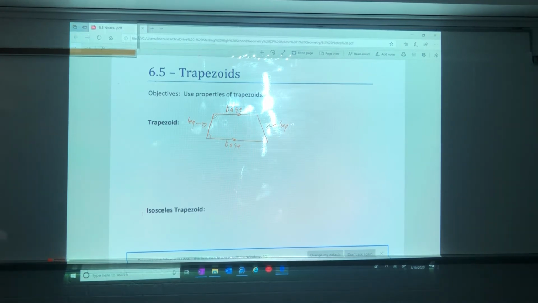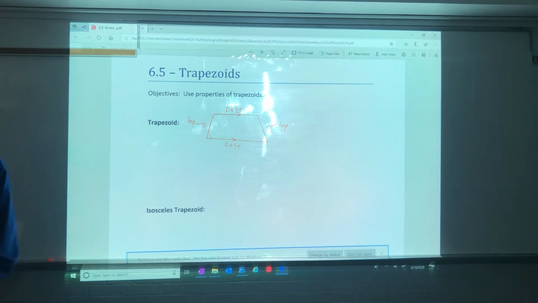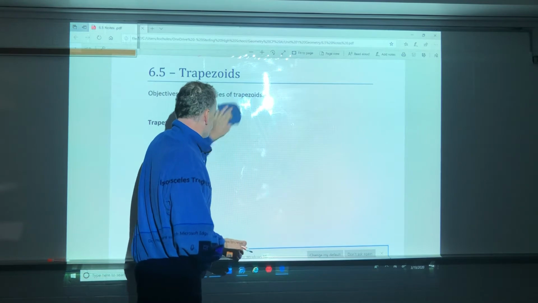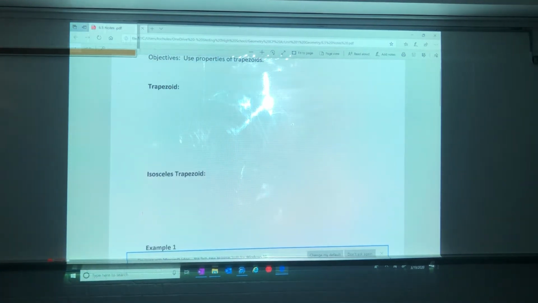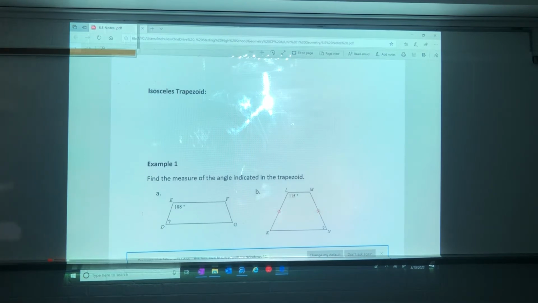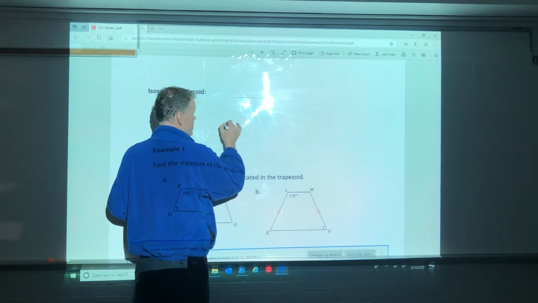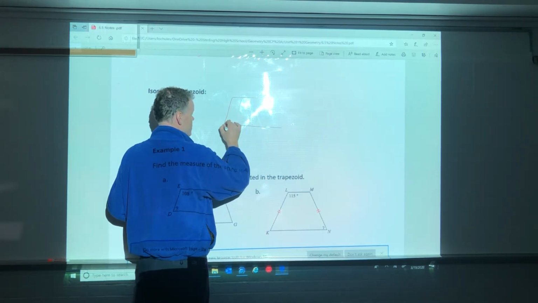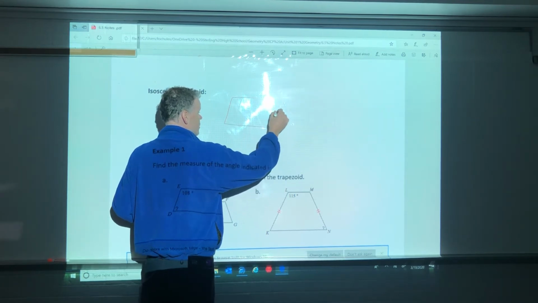So that's basically what we're talking about when we're talking about a trapezoid. Now, the type of trapezoid you're going to see a lot of is an isosceles trapezoid. I'm going to move this up here, erase this. With an isosceles trapezoid, you're going to have your bases that are obviously parallel, but your legs are going to be congruent.